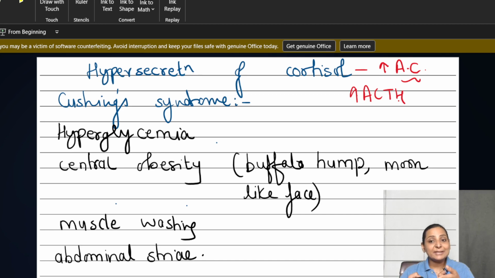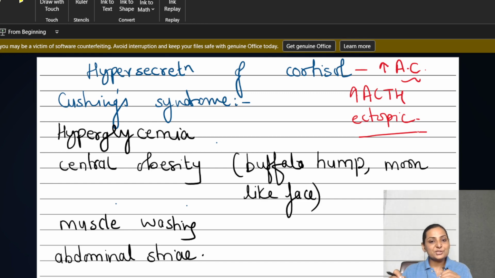Suppose there is a pituitary adenoma, so the pituitary causes an increase in ACTH, which causes an increase in cortisol. Or sometimes it could be ectopic ACTH, that means ACTH coming from some tumors, causing Cushing syndrome like features.